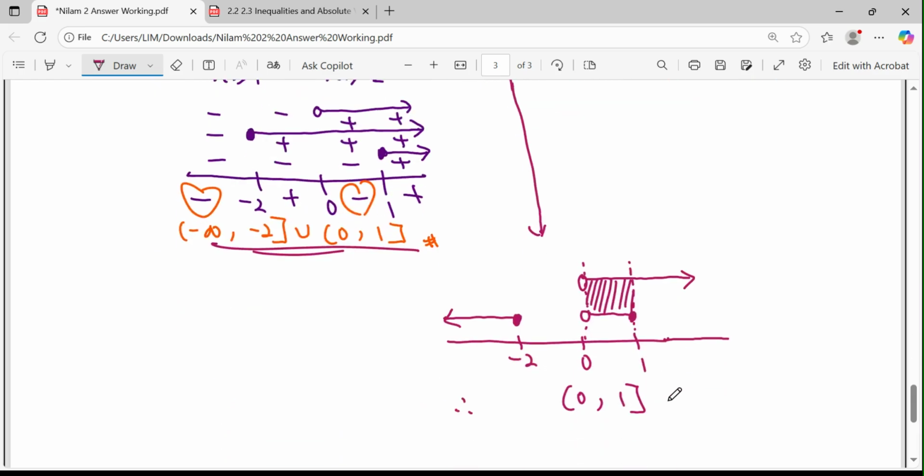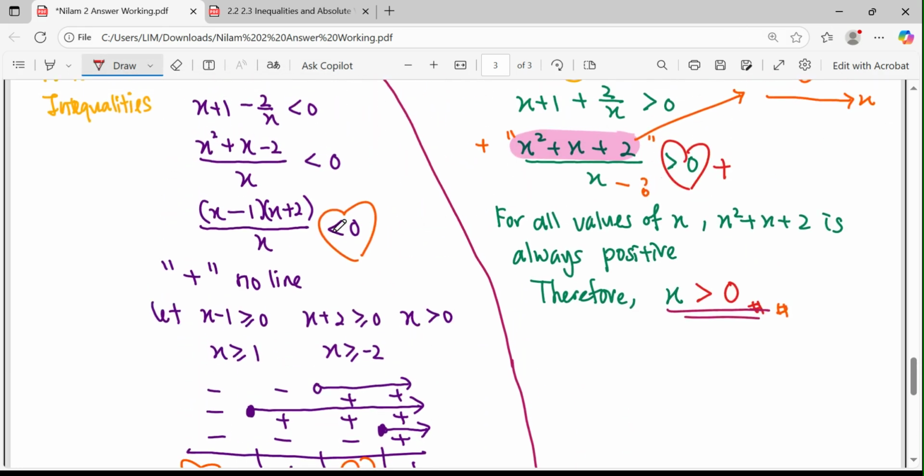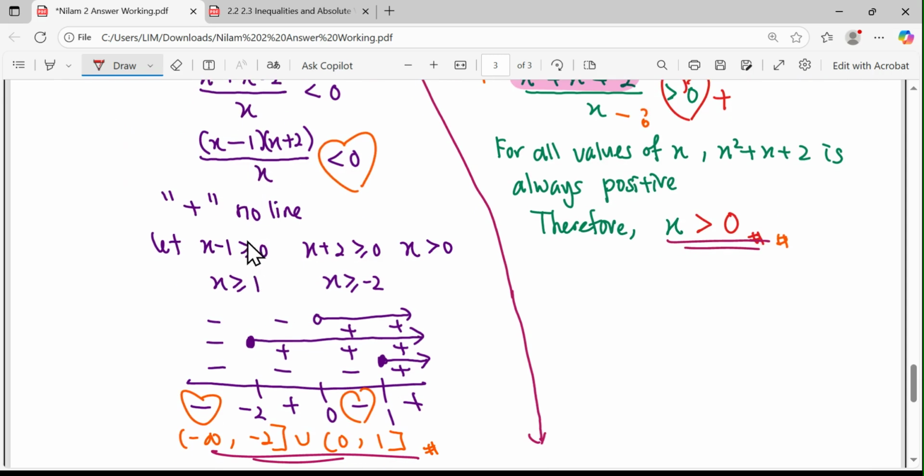Alright, so I want to review something here where I made a mistake when doing the lettering. When the question doesn't have equal, we don't include equal. We just use more than, not equal, because our question is not equal to 0. We cannot just put equal. So I need to do some correction on this.